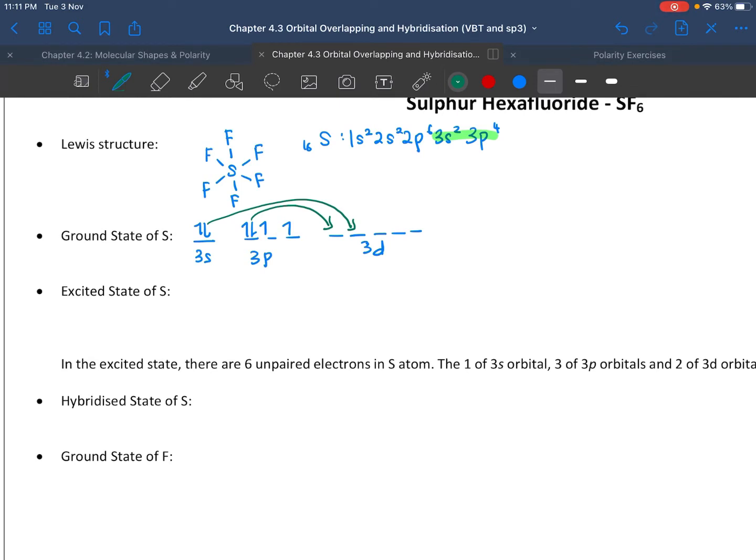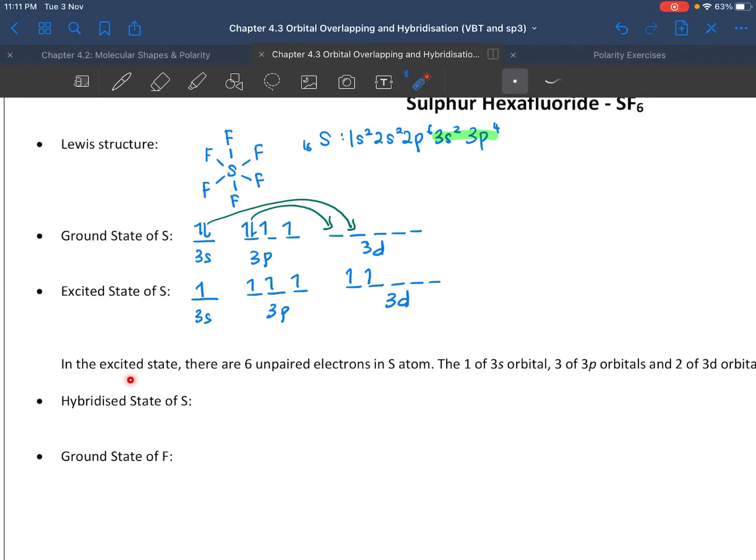Okay, so as a result, excited state dia adalah 3s 1 electron, 3p 1 electron in each orbital, and then for 3d ada 2 orbital yang ada 1 electron. Okay, so total 1, 2, 3, 4, 5, 6 unpaired. Okay, so 6 unpaired electrons maksudnya kita dah boleh form 6 bonding dengan sulfur.